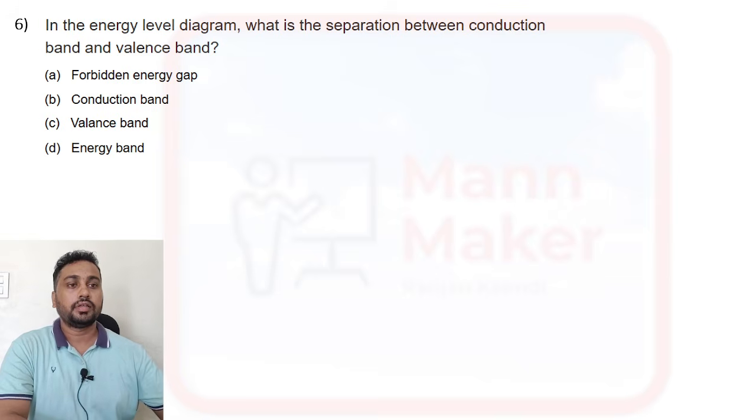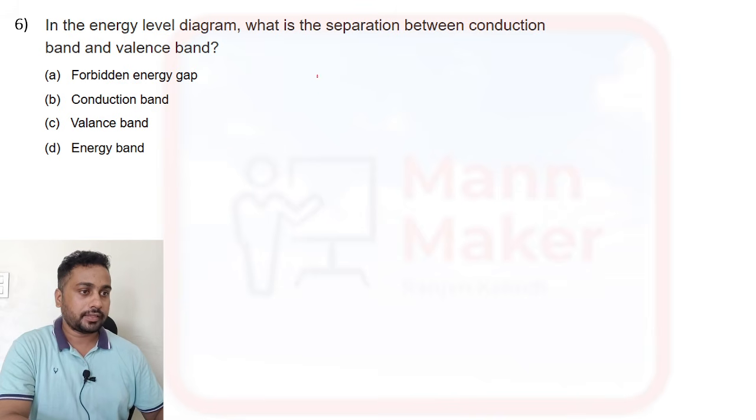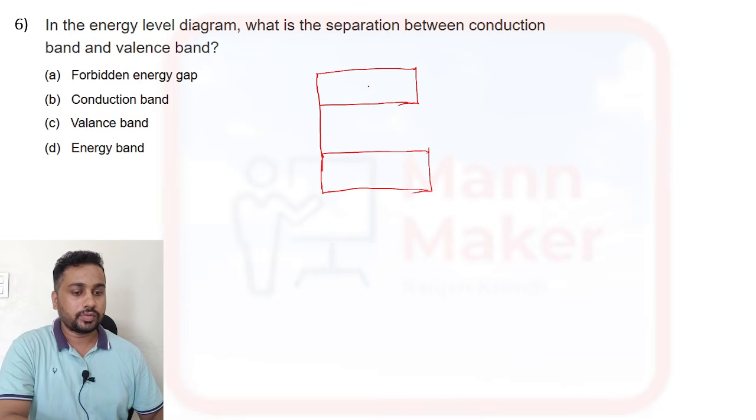Now the next one. In the energy level diagram, what is the separation between conduction band and valence band? They have asked a question about the energy band diagram. So we have the energy band diagram here like this. This we call the conduction band and this we call the valence band, and they are asking what the separation between them is.